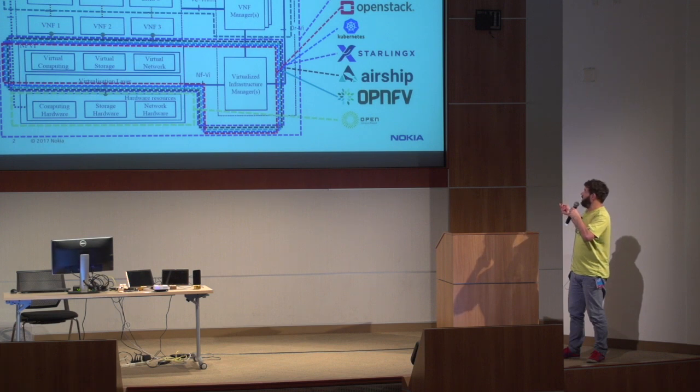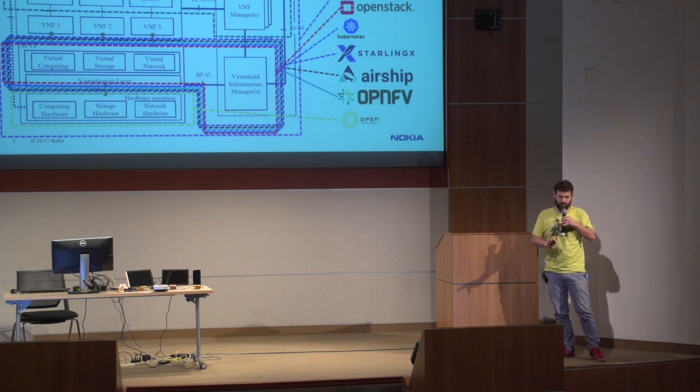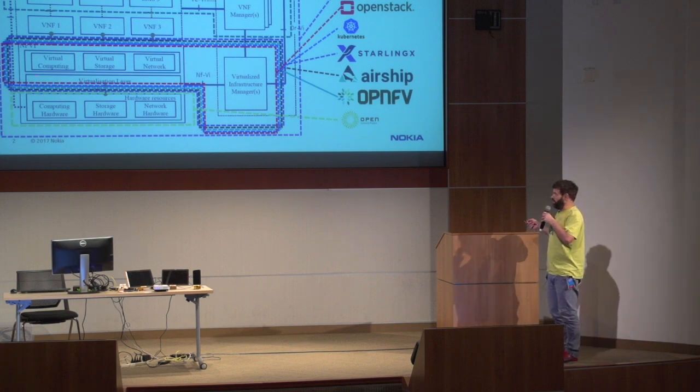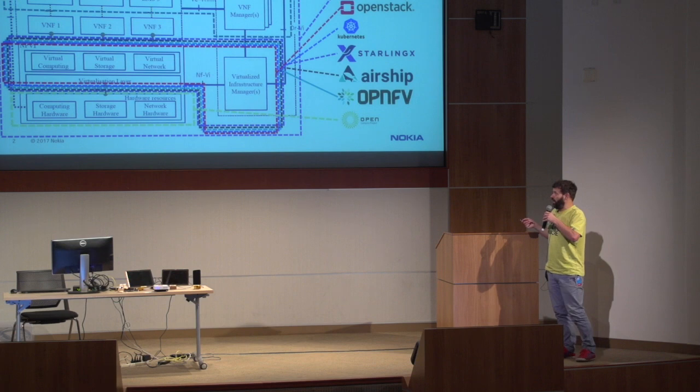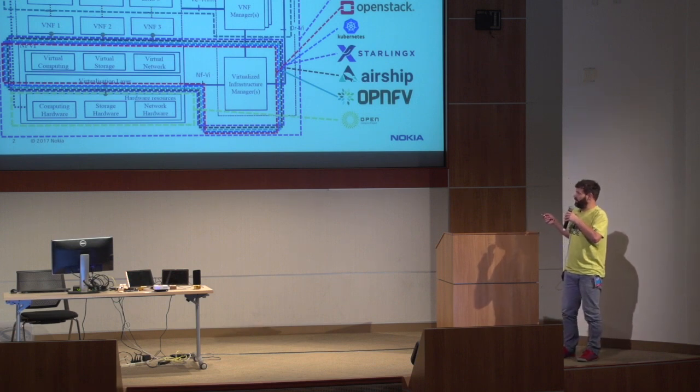Then we have Akraino, which is a project for integrating full edge stacks. So this would include everything starting from the hardware, the infrastructure layer. They also have some plans to define some APIs for application management.